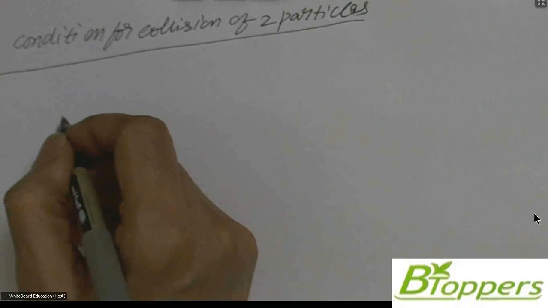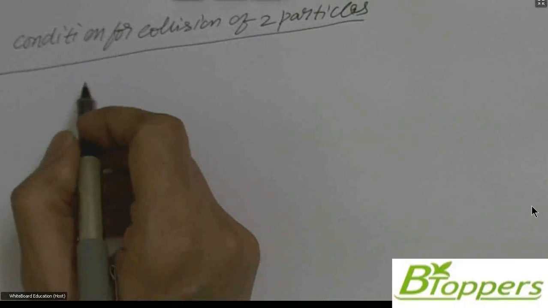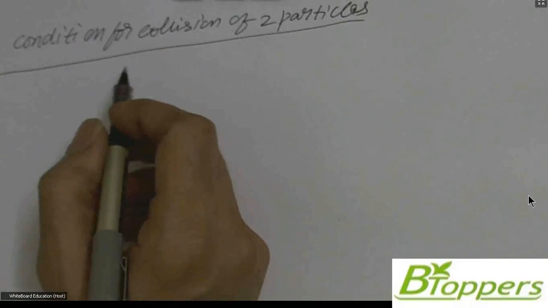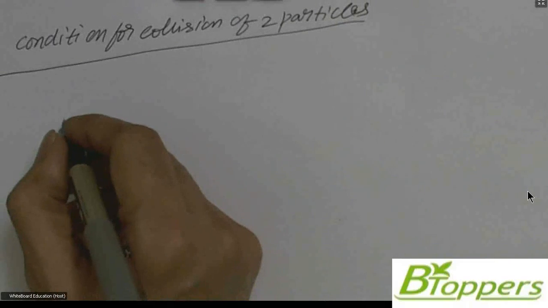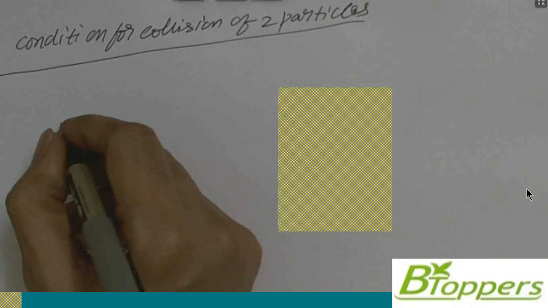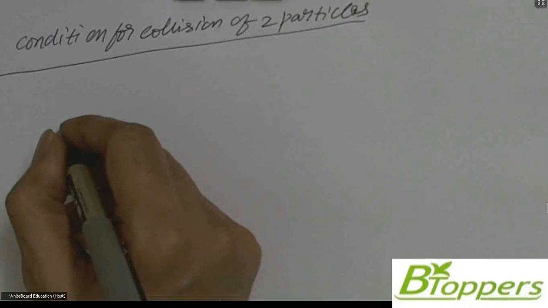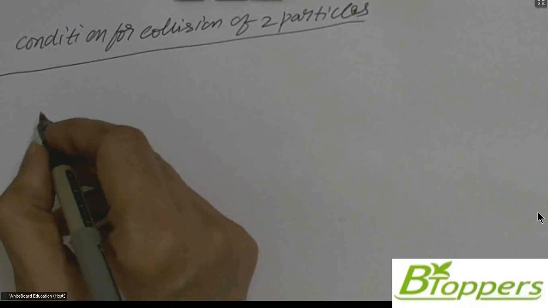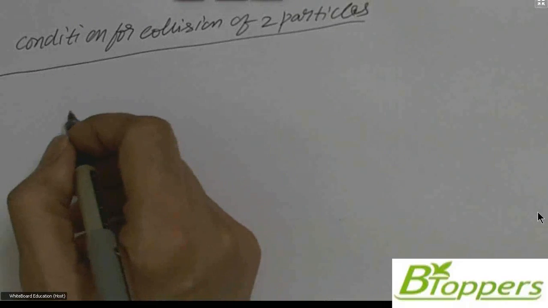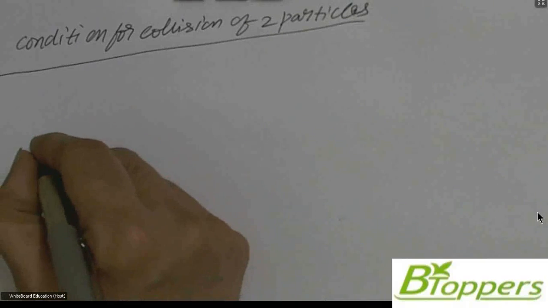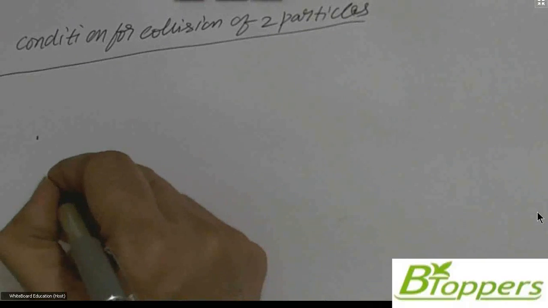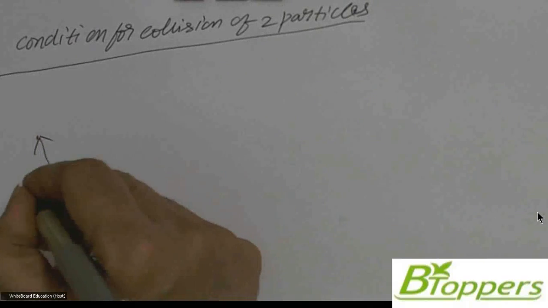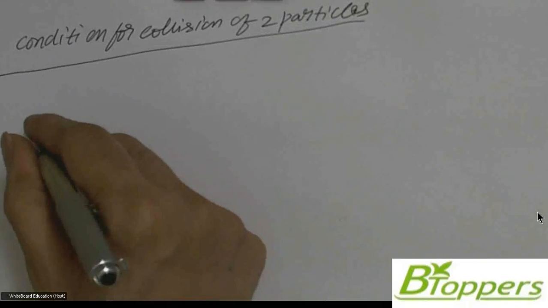So next, I am going to discuss the condition for collision of two particles, when you are given the position vectors of the two particles and the velocity vectors of the two particles at the initial positions. Let us suppose R1 bar is the position vector of one particle.